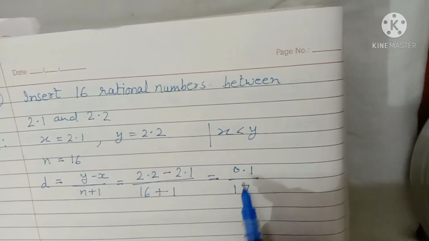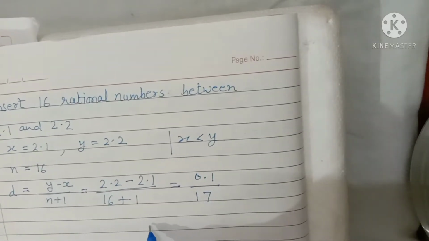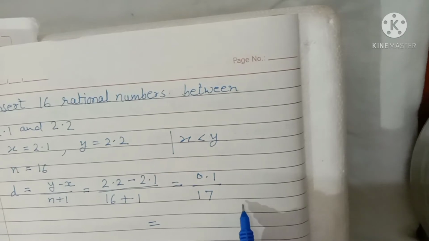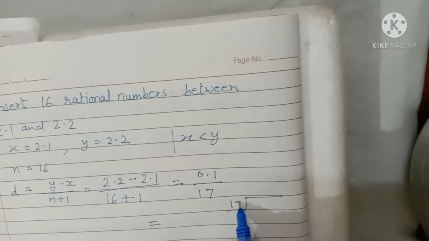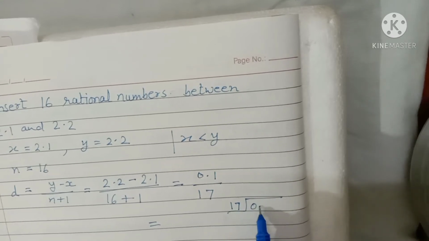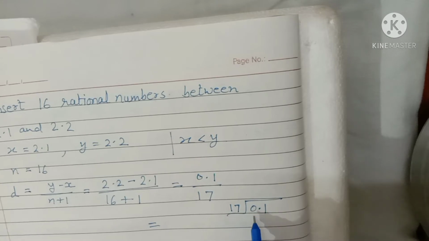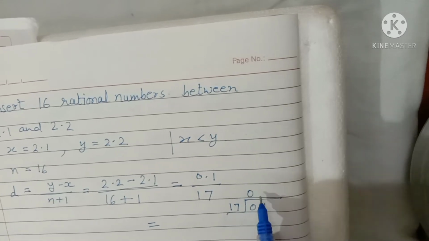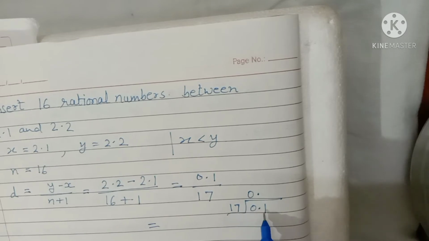Now divide it. I am showing the division, how to find the value of this. Dividing 0.1 by 17: first put the 0 and then the point. 17 will not divide into 1, so put 0 here.